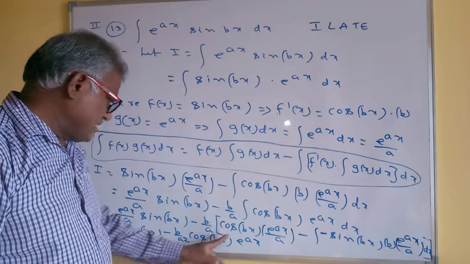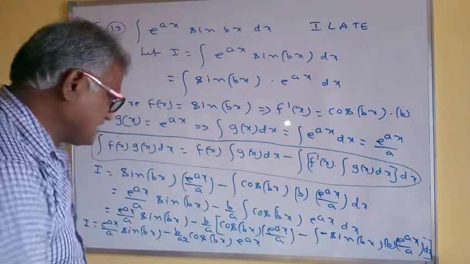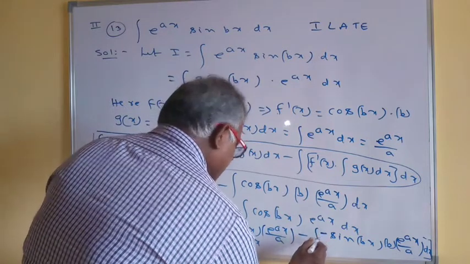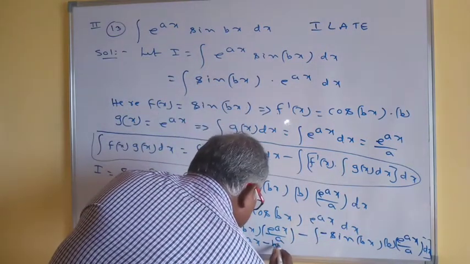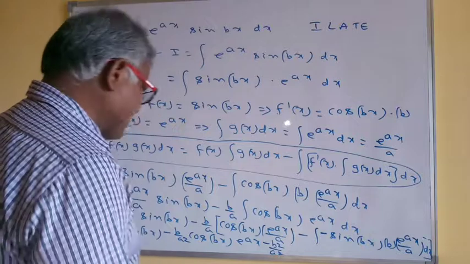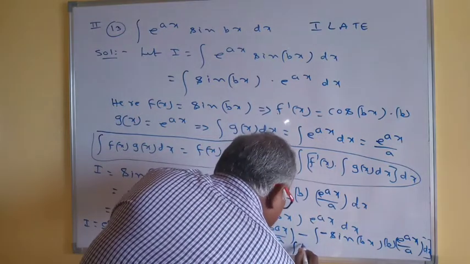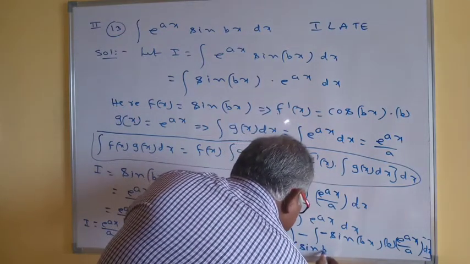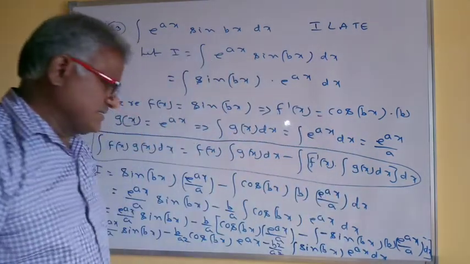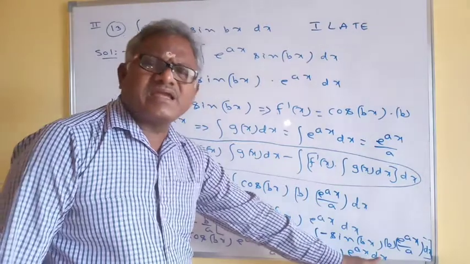Next, minus into minus is plus, so we get minus b square by a square into the integral of sin bx into e power ax dx.